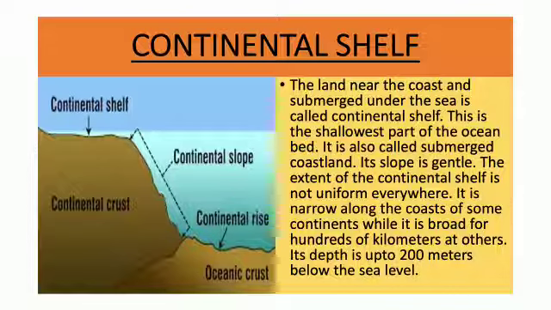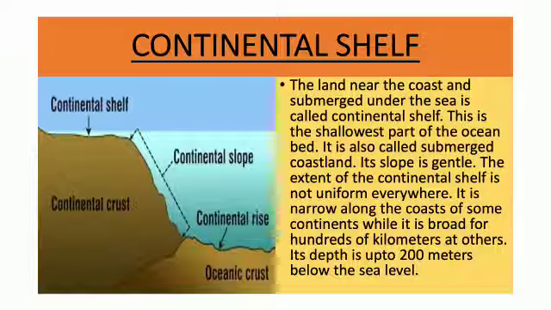So, children, the land near the sea coast and submerged under the sea is called continental shelf. The depth of the continental shelf is about 200 meters below the sea level.